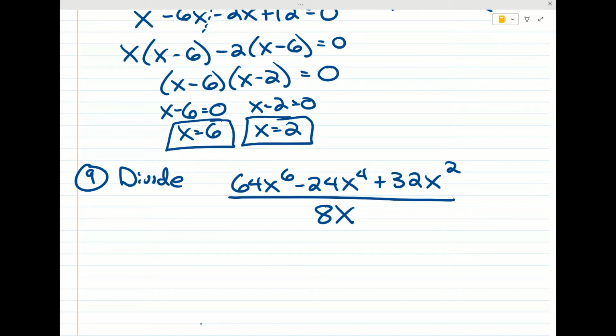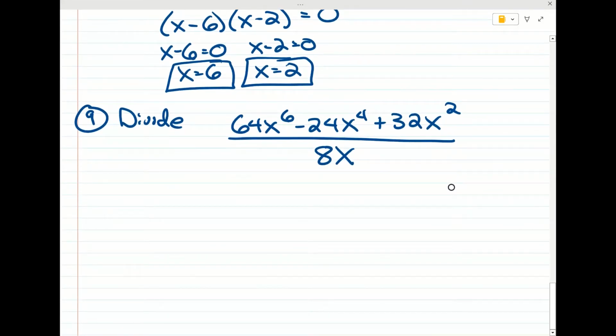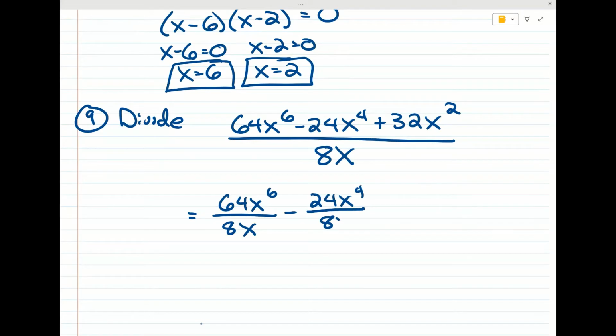When you're dividing by a single term, we just divide every term in the numerator by that denominator. So we take 64x to the 6th and divide that by 8x. Then we take negative 24x to the 4th, divide that by 8x. And then take 32x squared and divide that by 8x.